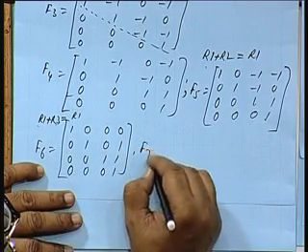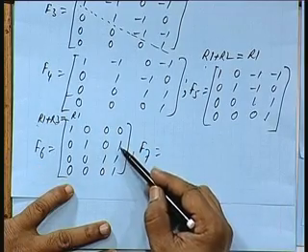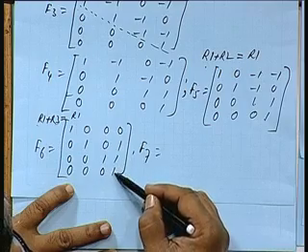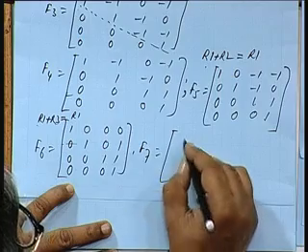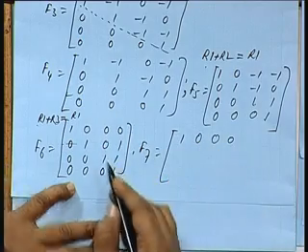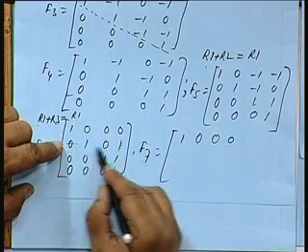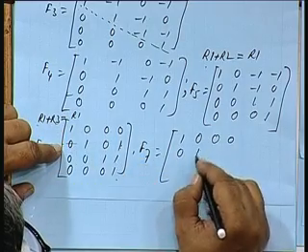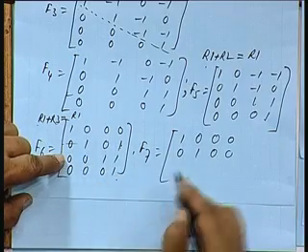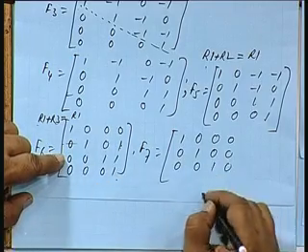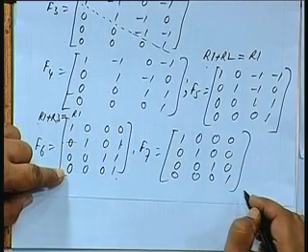And then F7, it is very simple. Row 2 minus row 4 is going to replace row 2. So, what do I get? 0 1 0 0. Similarly, row 3 minus row 4 is going to replace row 3, then we get 0 0 1 0 and then 0 0 0 1. So, I get a unity matrix.